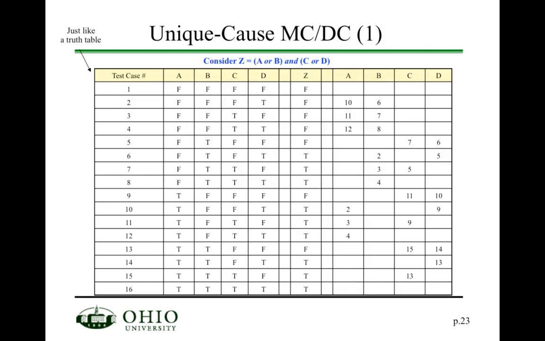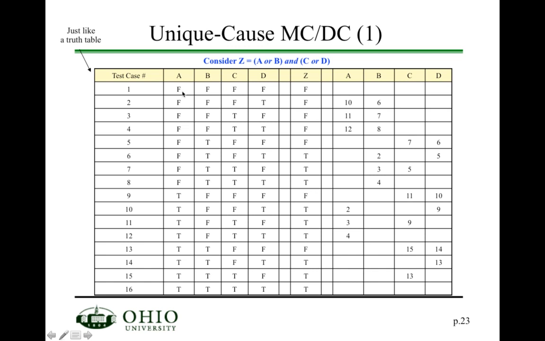Alright, so if you look at unique cause MCDC, I'm taking as example this particular decision: A or B and C or D. I could set up all possible combinations. In this case, there are 4 conditions, so all possible combinations, 2 to the power 4, is 16 different test cases. You see in these test cases, A, B, C, D range over false and true.